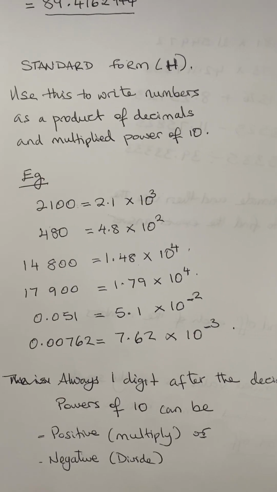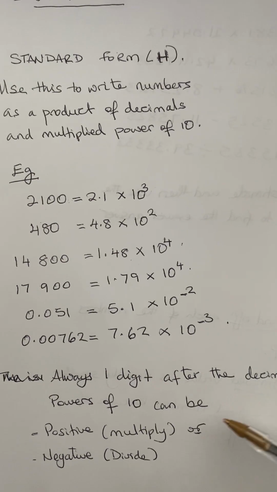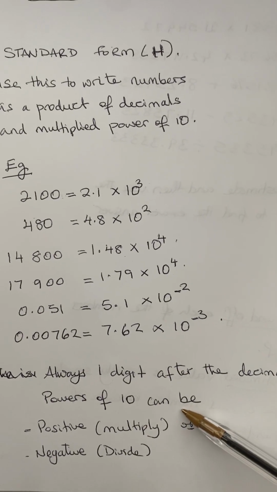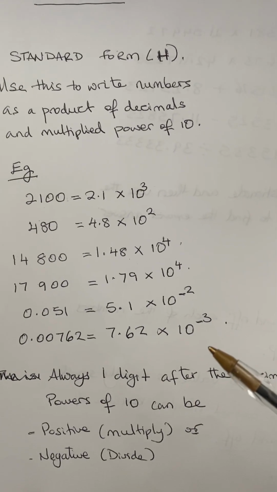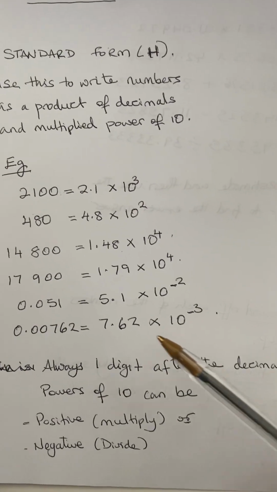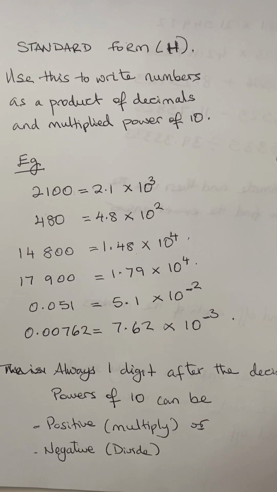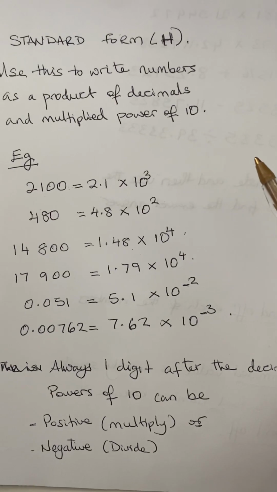Okay. Always one digit before the decimal, with powers of 10. So always look at the number, look at the next significant figure as we did yesterday. So it should be between the first two significant figures.